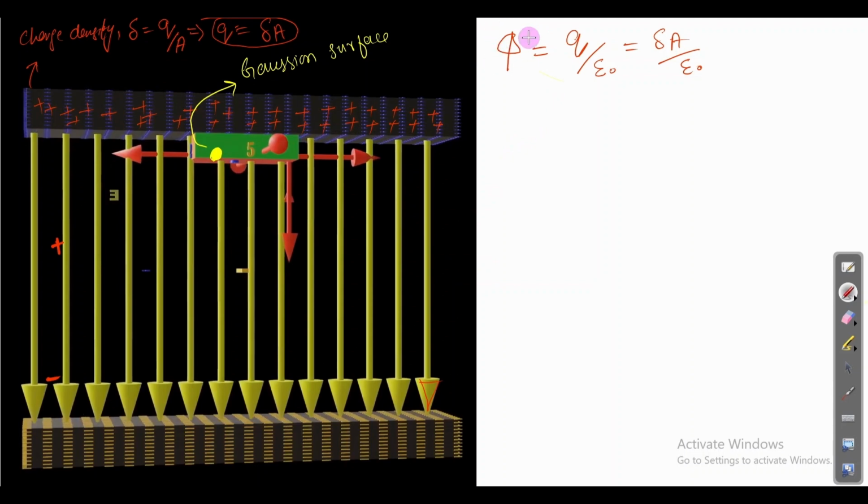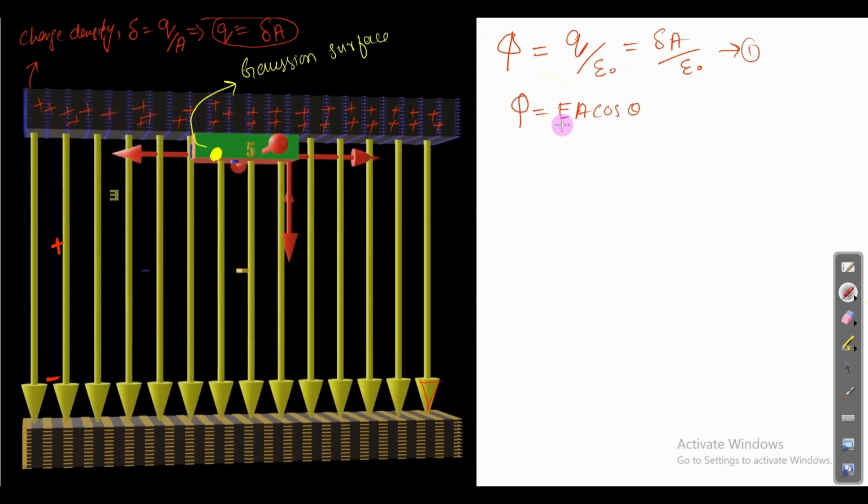And this is equation 1. We also know that the flux is the number of electric field lines that pass through an area present at some angle to that electric field.